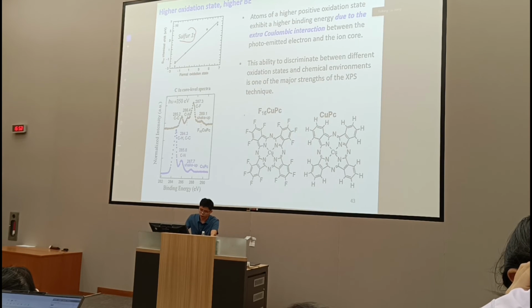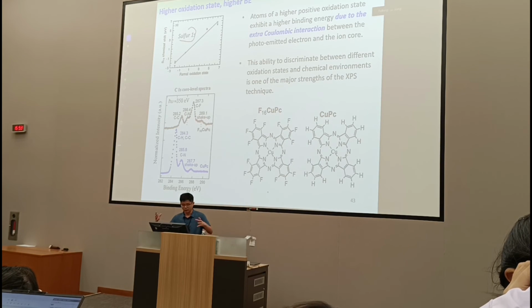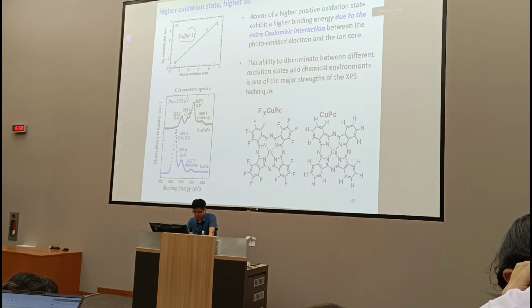For example, if you use XPS to measure these different kinds of organic molecules on solids, on the 2D materials, right? This copper PC, fluorinated copper PC, you monitor the carbon core-level emission.